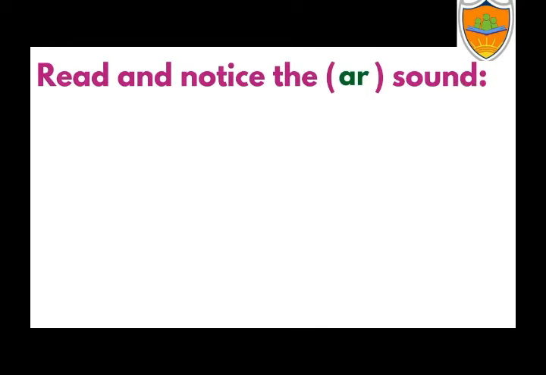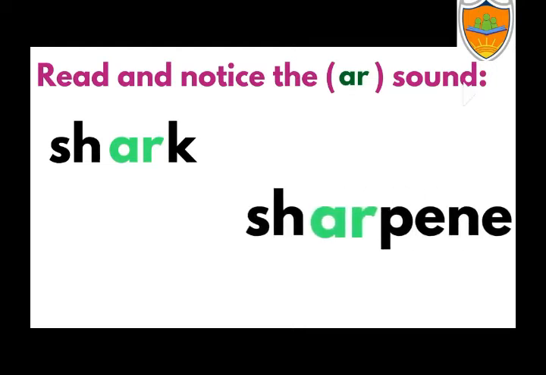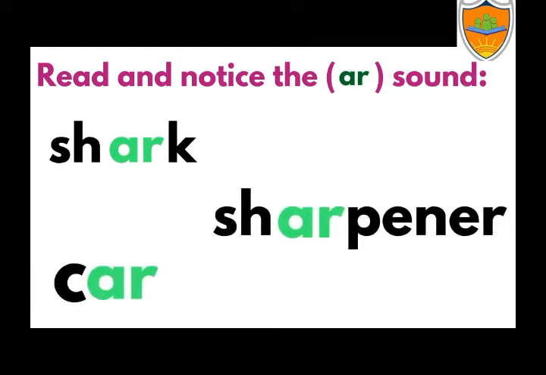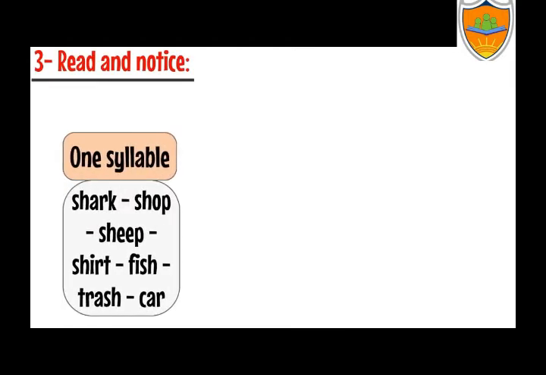Read and notice the AR sound. A and R make the sound like shark, sharpener, and car. We have here words of 1 syllable, 2 syllables and 3 syllables.